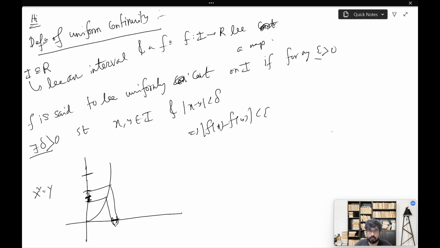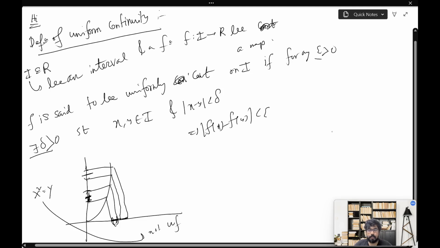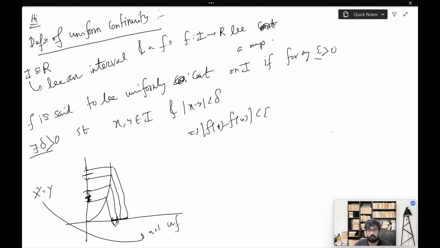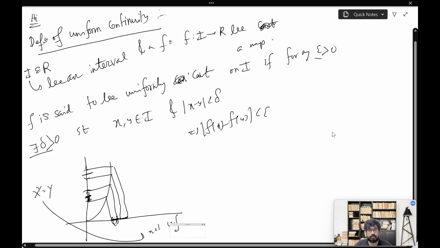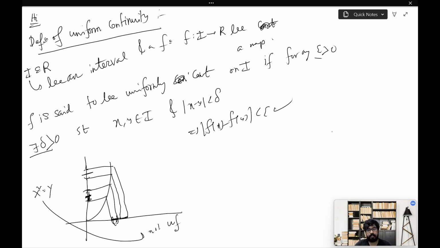But on the top portion, consider a small neighborhood, and then this neighborhood that this line cuts on the x-axis is relatively small. So here the delta is actually changing. So y equal to x square is not uniformly continuous. Intuitively it means that we can get some fixed delta for which this relation holds, I mean, this delta will work for any two points having distance less than delta. So this is uniform continuity, and obviously uniform continuity implies continuity.